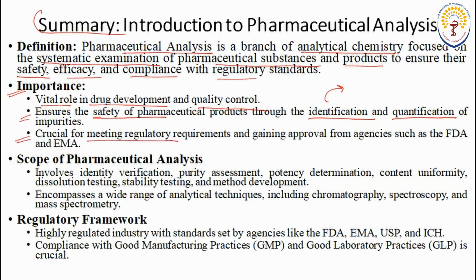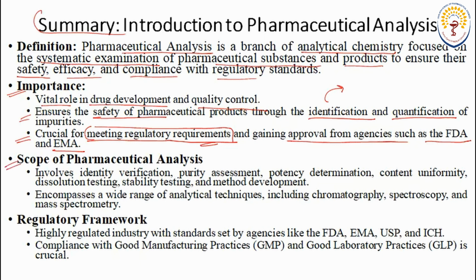Pharmaceutical analysis is also very important for meeting regulatory guidelines, because when you perform it, you are ensuring that regulatory guidelines are properly followed. And if they are, then different kinds of approval, like approval from the FDA or the European Medicines Agency, become easy.